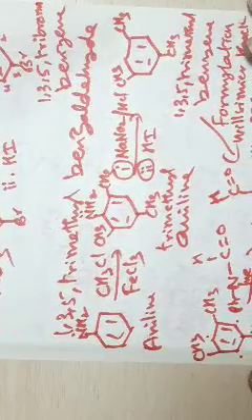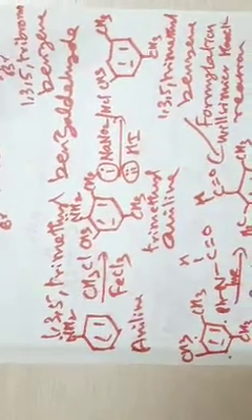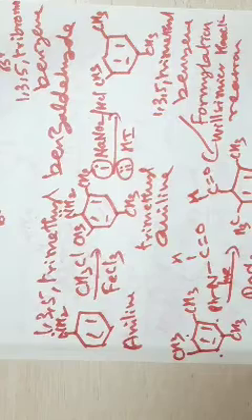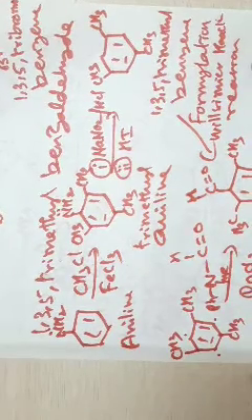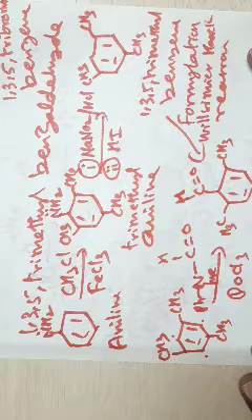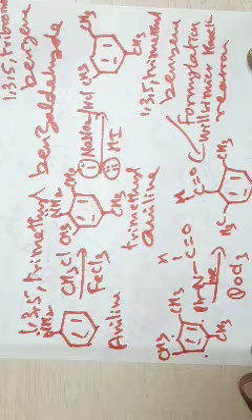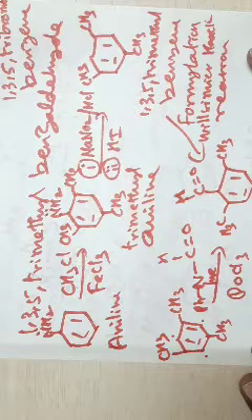And for the synthesis of trimethylbenzaldehyde, the same sequence of reactions is applied. Aniline is alkylated, and you get the trimethylaniline. When it is treated with sodium nitrite and acid, the amino group is deaminated. You get 1,3,5-trimethylbenzene.